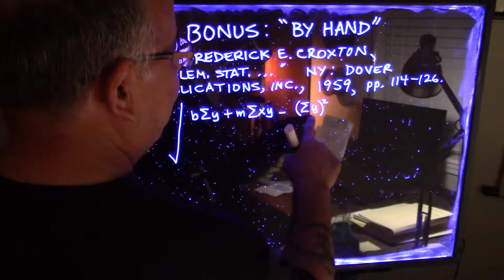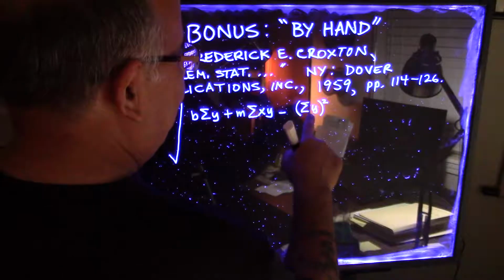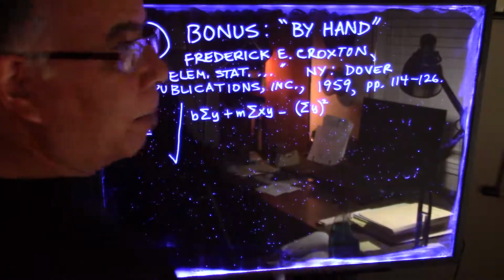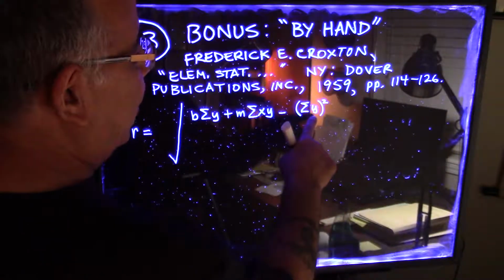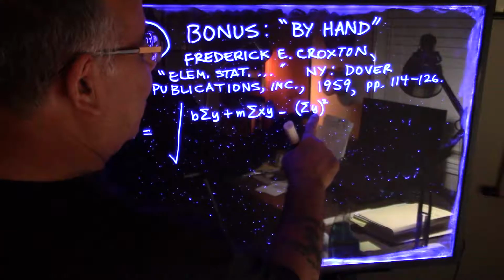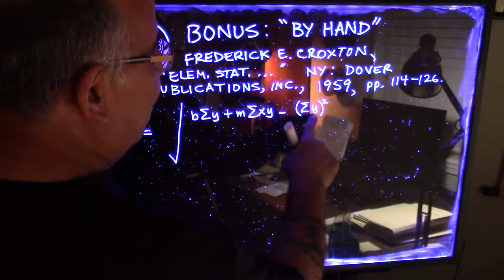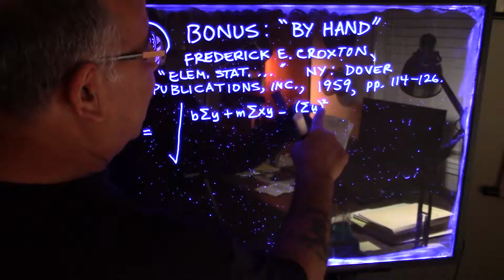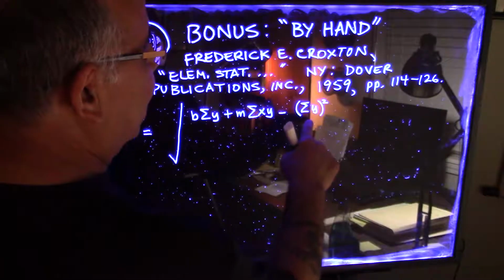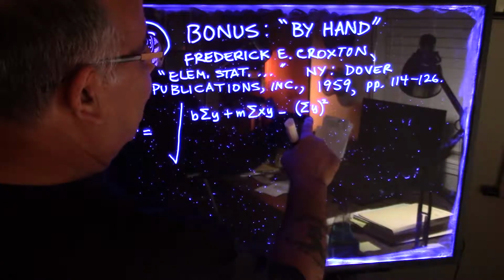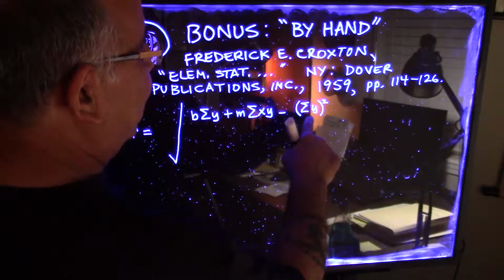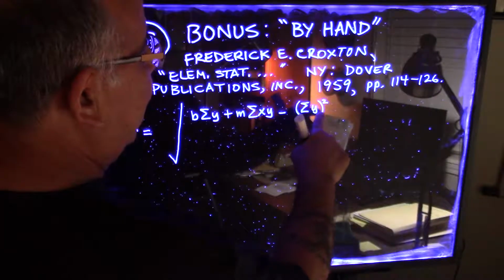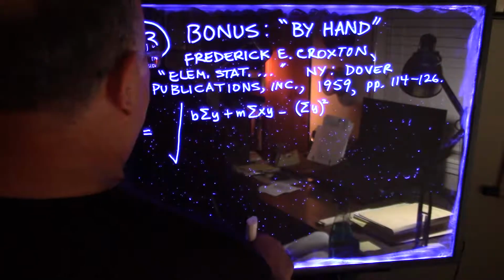When you took all the y's and added them up, you put it in there and then you square that number. That's what that means. So don't square the y's, in other words. If you wanted to do that, the sum of y squared, the square would be inside the parentheses, but we're not doing that. We're taking the sum of the y's, totaling those up, and then we're squaring that result. That's what that means.